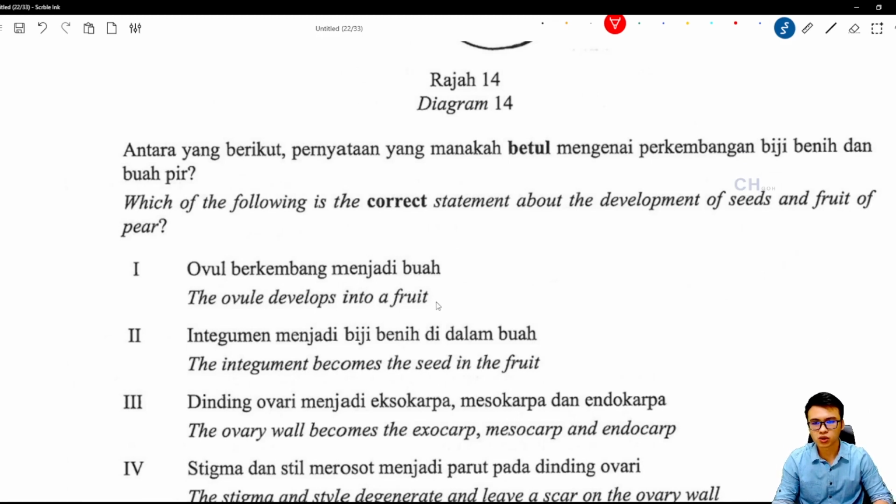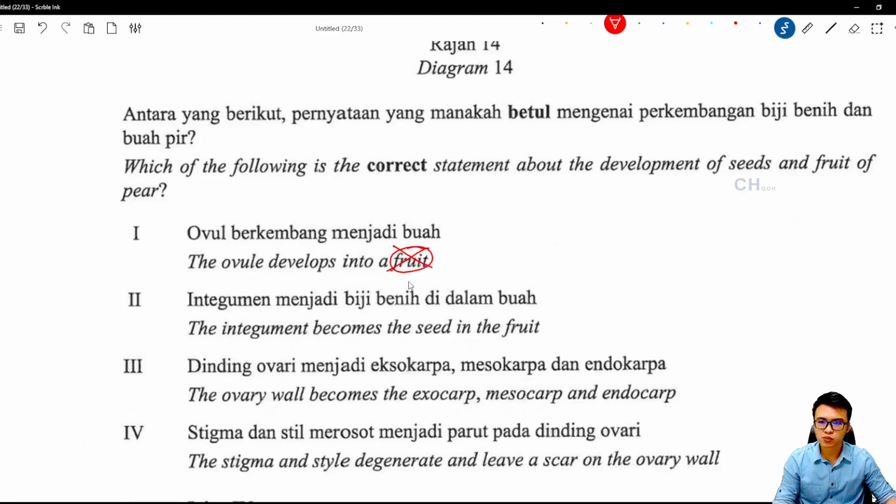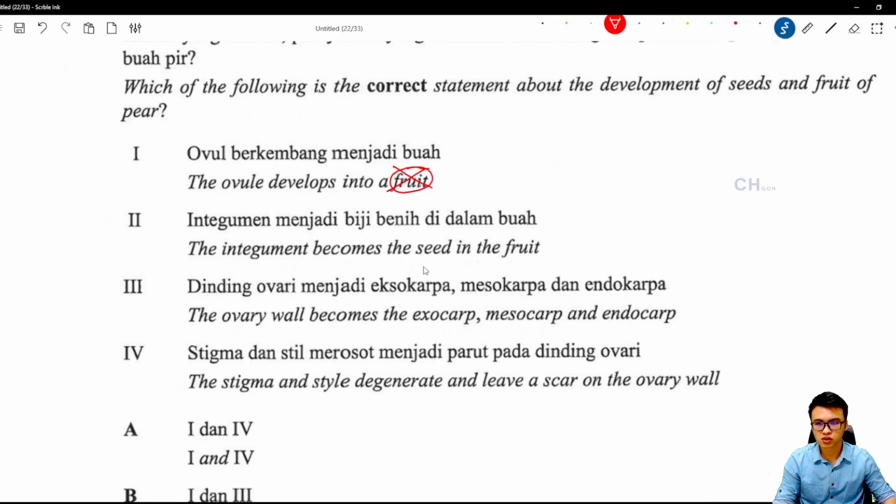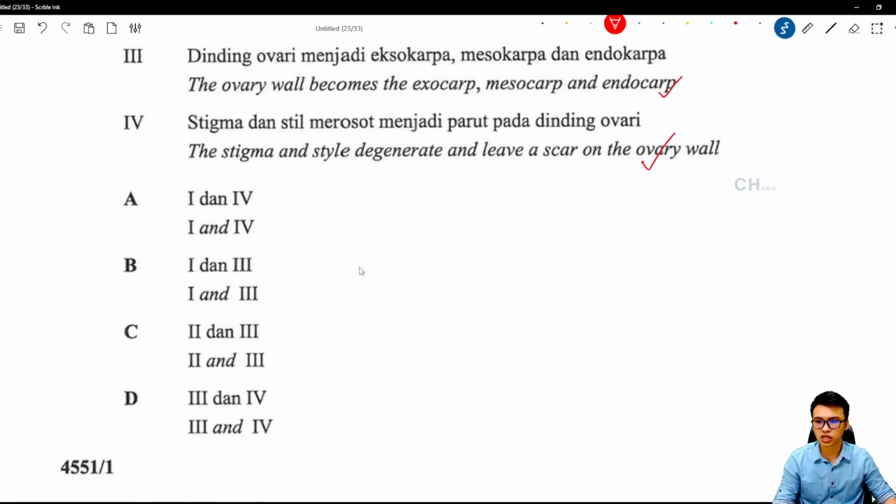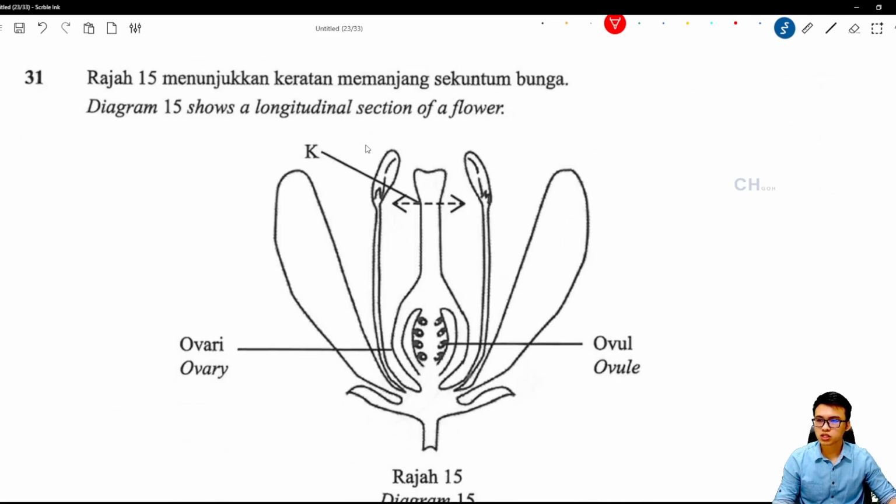No, the ovule is not going to develop into a fruit. The integument becomes a seed in the fruit. No, definitely not. The ovary wall becomes an exocarp, mesocarp, and endocarp. Basically, it's a fruit. Yes. The stigma and the style degenerate and leave a scar on the ovary wall. Yes, so 3 and 4 will be the correct answer. D for this question.